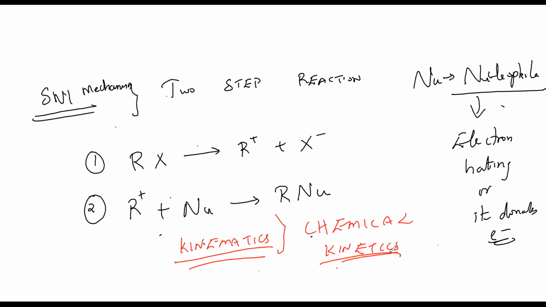This is what the SN1 mechanism is, a first order reaction. So we will have something called zeroth order, first order, second order. So this is a first order reaction. These are the important things in the SN1 mechanism. Fine. Next one. The reactivity.